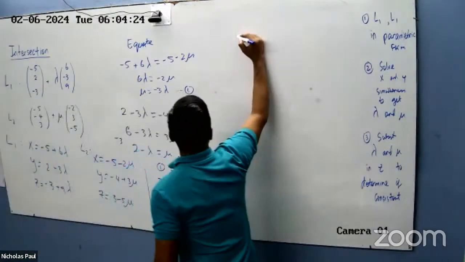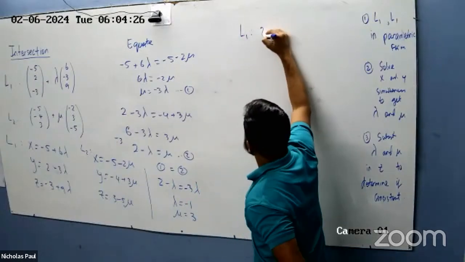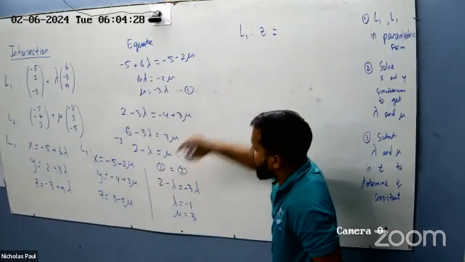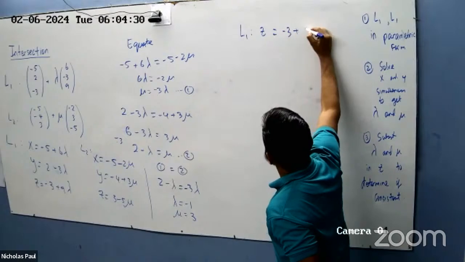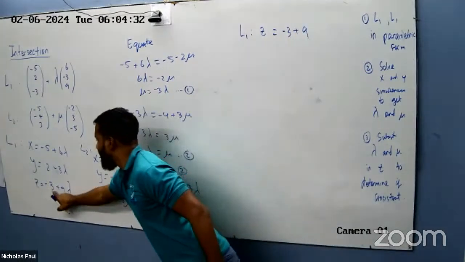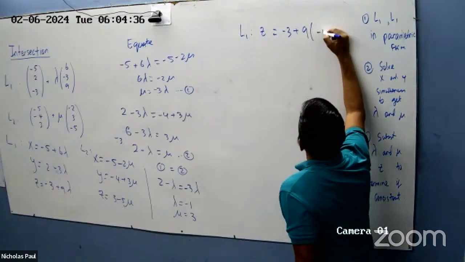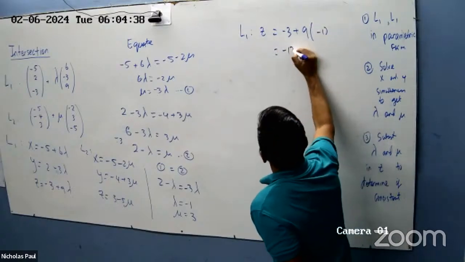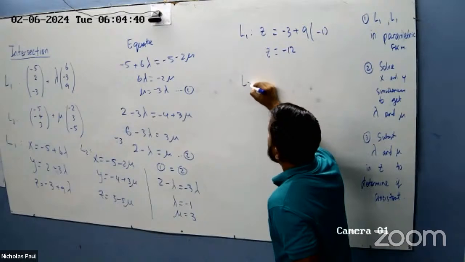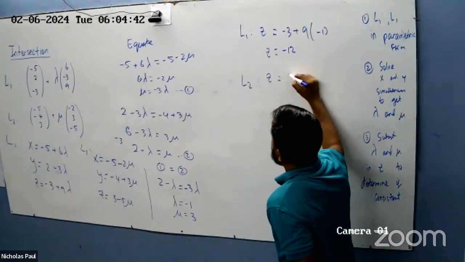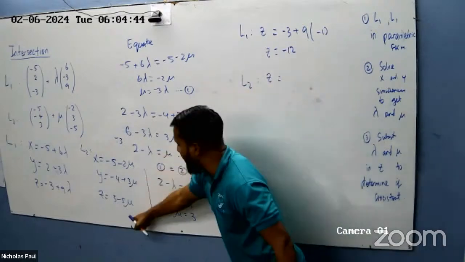So now we're going on checking L1. So z is equal to what? Z is equal to minus 3 plus 9 by lambda. Lambda was minus 1. So that's minus 12. We're going on checking L2.